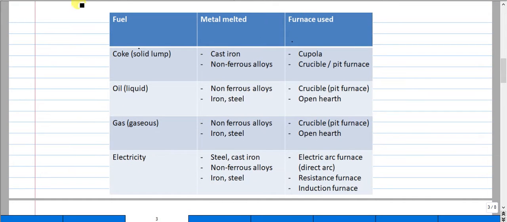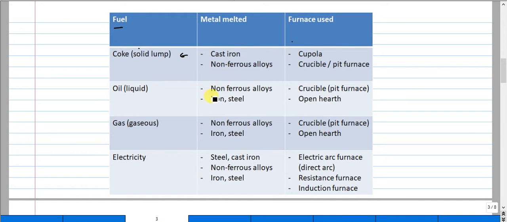I have made this very simple so that you can understand the classification. Based on the source of heat, the fuel could be coke, nothing but solid lump, oil, gas, or electricity. And for the type of metal being melted, you can see cast iron and non-ferrous. In this, cast iron and non-ferrous you will use only coke as a fuel.